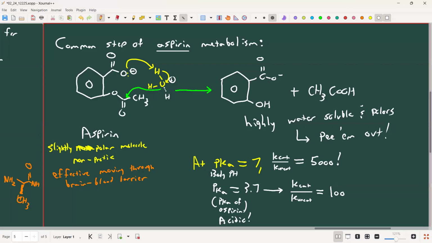Now, here's the interesting thing about this reaction. This reaction did not undergo any sort of interaction with another molecule. It exchanged some protons with solvents, right?